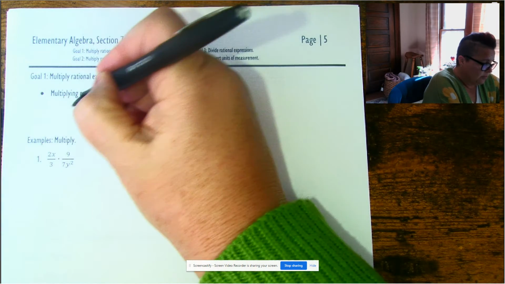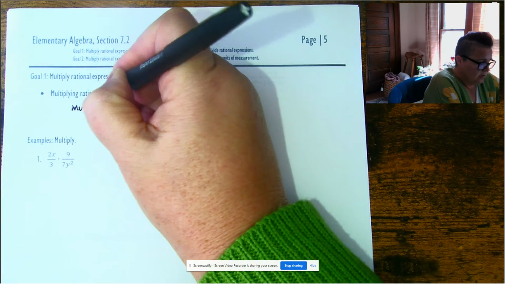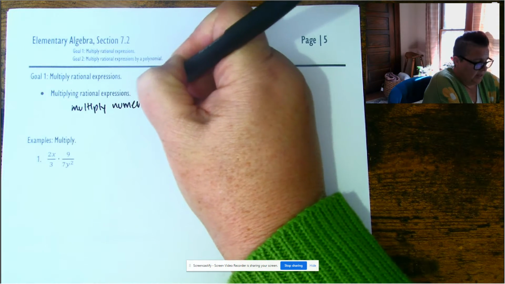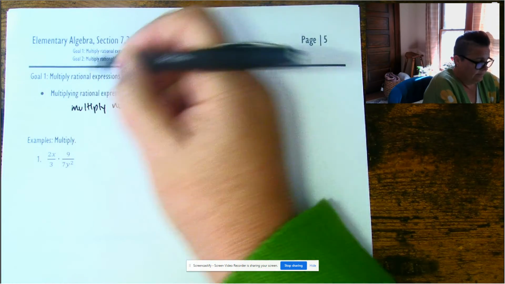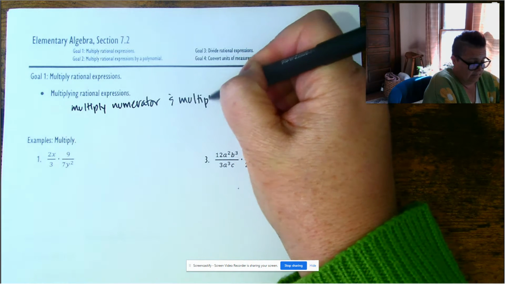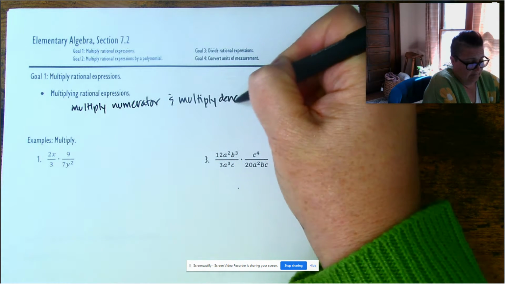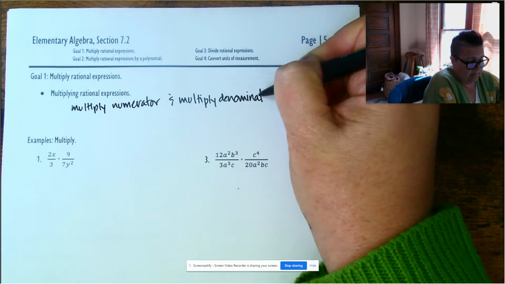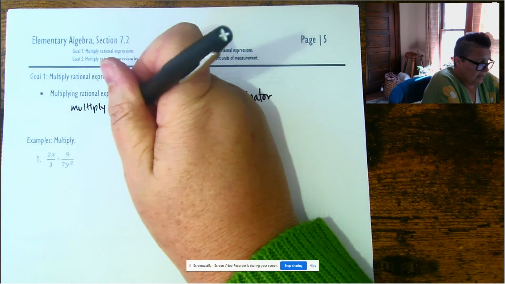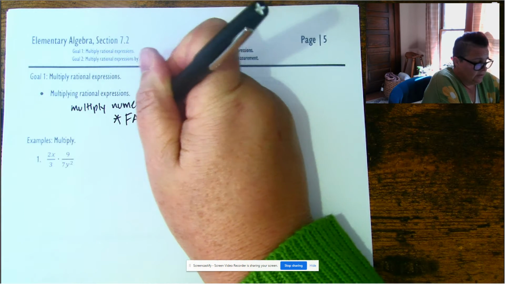You want to multiply the numerator, and then you want to multiply the denominator. The great part about multiplying rational expressions is that we want to factor first.